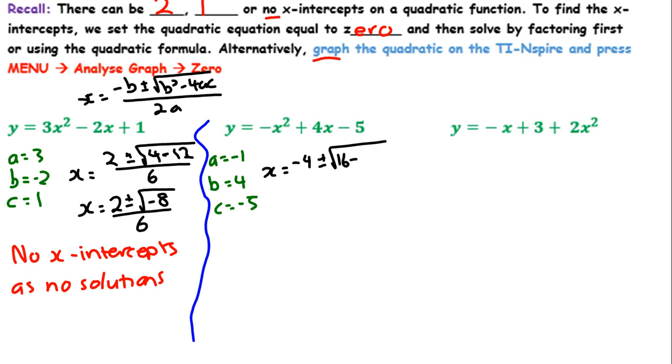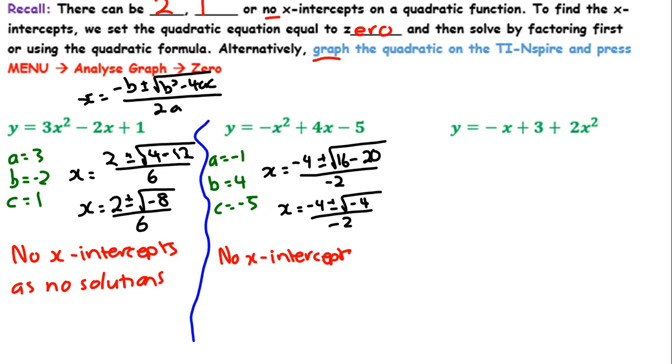So ac is 5, because negative 1 times negative 5 is positive 5. So minus 4ac is just minus 20. Oh, it looks like we might have no solution again. So it looks like we've got no solution again. No x-intercepts. There's no solutions.